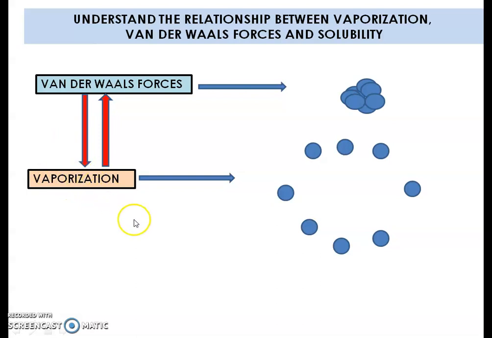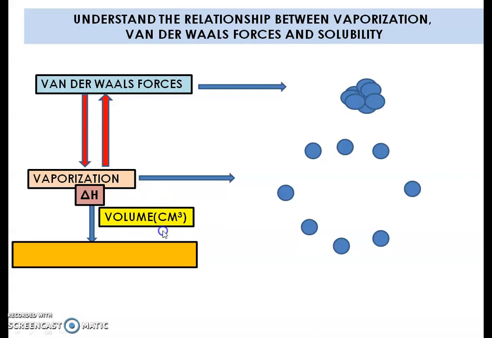Now vaporization is considered as an amount of energy, and that is called delta H, the heat of vaporization. So we are utilizing the delta H value. When we consider the heat of vaporization for a particular volume of liquid, for example 1 cubic centimeter, that is called the cohesive energy density, C. So when we calculate the heat of vaporization for 1 cubic centimeter of liquid, we can say it is the cohesive energy density for that particular liquid.